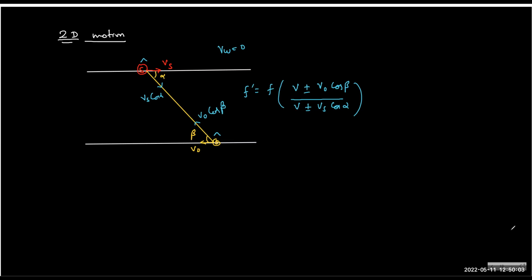So there's a very famous example, the train example. This is from SC Verma only. These are two parallel tracks.